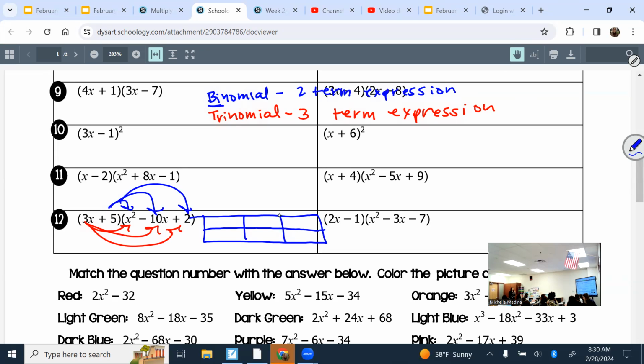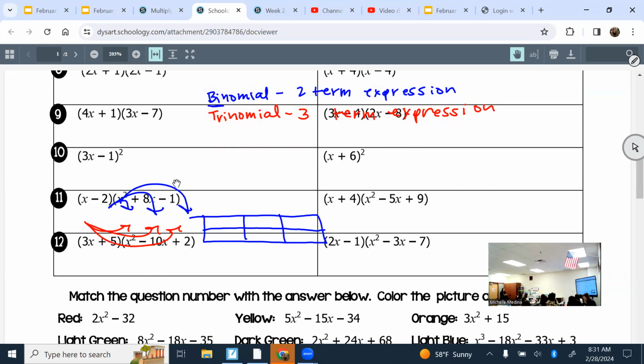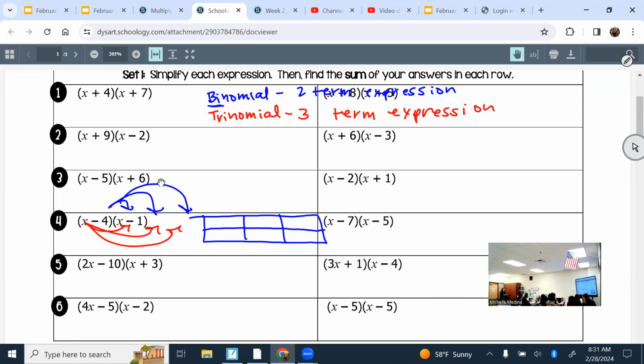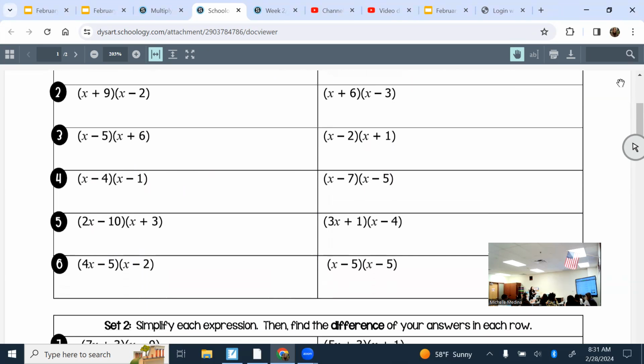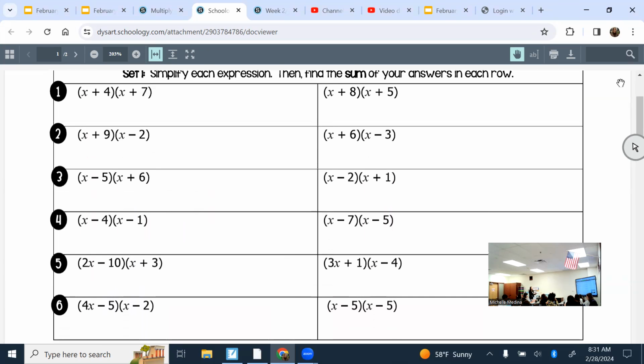But you can't do foiling when it's a binomial times a trinomial. Foiling only works when it's a binomial times a binomial, like these ones up here. So that's why we showed you all the methods. Really, you can pick whatever method you want. And I need you at a minimum to just get the answer from multiplying.